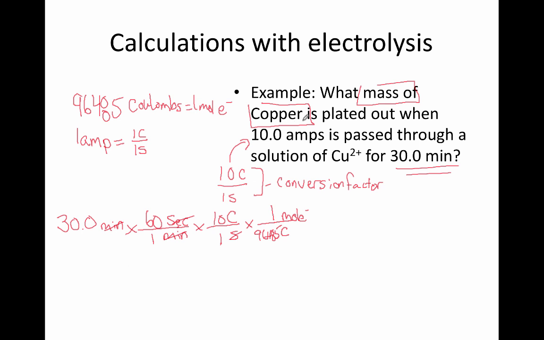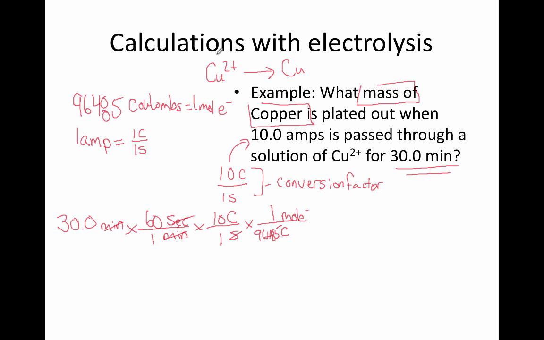But now how do we go from moles of electrons into moles of copper? So we have to look at the reaction. So we have copper ion, and that's going to go to copper solid. You can tell that from the problem because it's passed through a solution of Cu2+, so that's our copper ion, and mass of copper is plated out, making it a product.